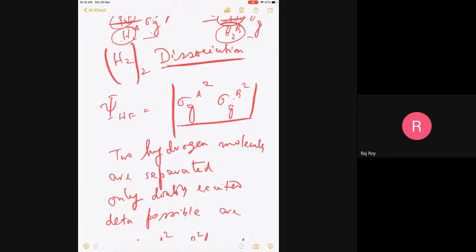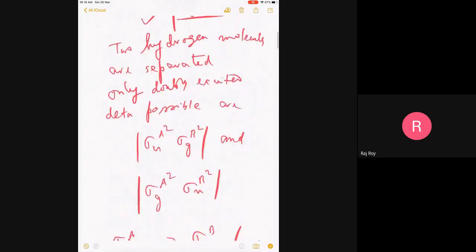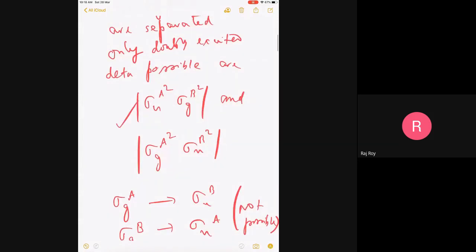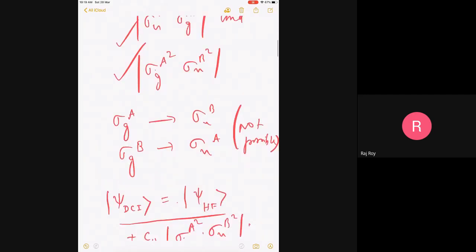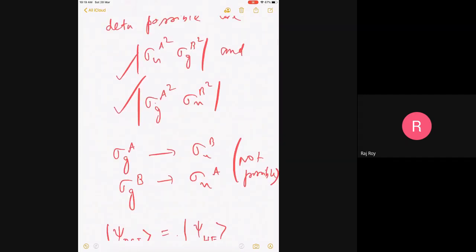So with that, Hartree-Fock becomes this, and then there are two terms in which sigma G A is replaced by sigma U A here, and sigma G B is replaced by sigma U B here. So compared to Hartree-Fock, each of these is a doubly excited configuration. So these are the only two doubly excited configurations.